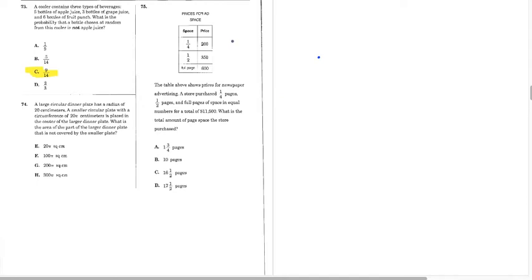A large dinner plate has a radius of 20 centimeters, and the other one has a circumference of 20 pi. What is the area of the large dinner plate when you take away the small? Area equals pi r squared. Circumference equals pi d, or 2 pi r. So let's figure out the area of the first plate.